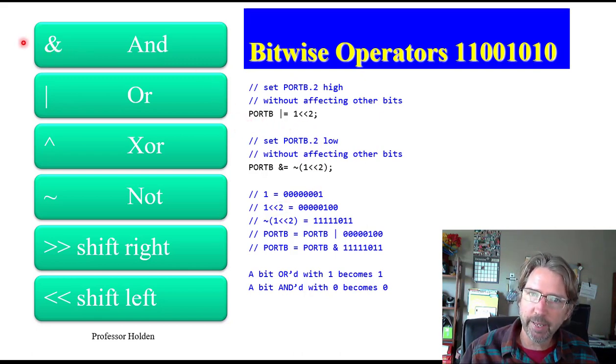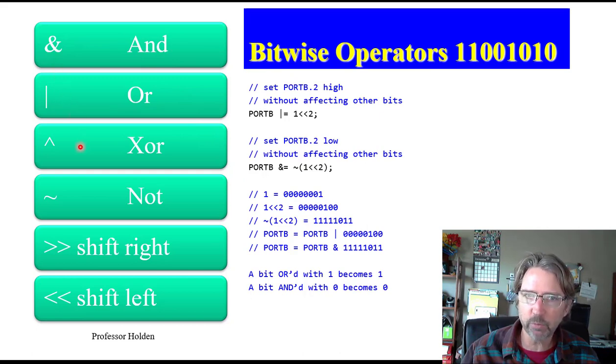So we have AND and OR, and these are bitwise. You need two numbers, like down here we have a binary number and another binary number. If you AND or OR them, you AND or OR each individual bit and come up with an individual bit. You do this 8 times and come up with a new 8-bit number. So a single ampersand and a single pipe are bitwise AND and OR.